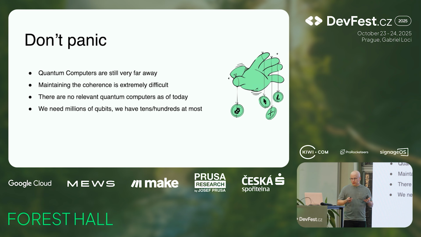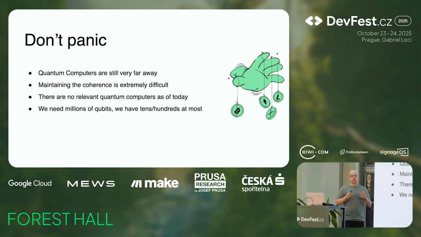We need millions of qubits. We currently have tens or hundreds, right? And I don't mean thousands or millions. I mean like 100. That's it. You probably saw an article just yesterday from Google. They have this Willow chip, and this one has 105 qubits, right? To do anything relevant against cryptography, you need millions, right?